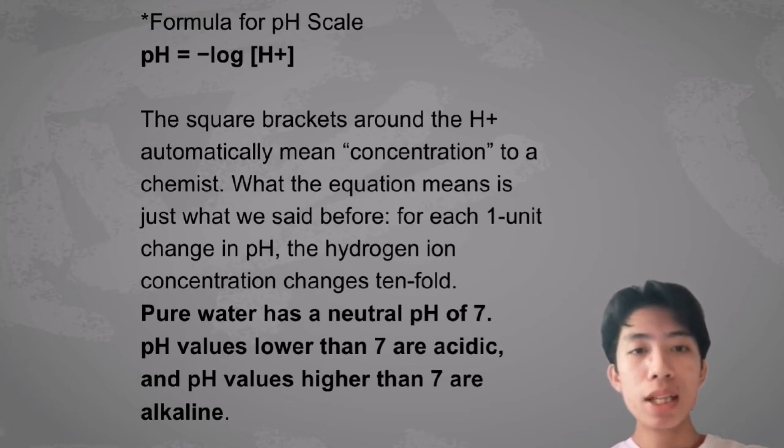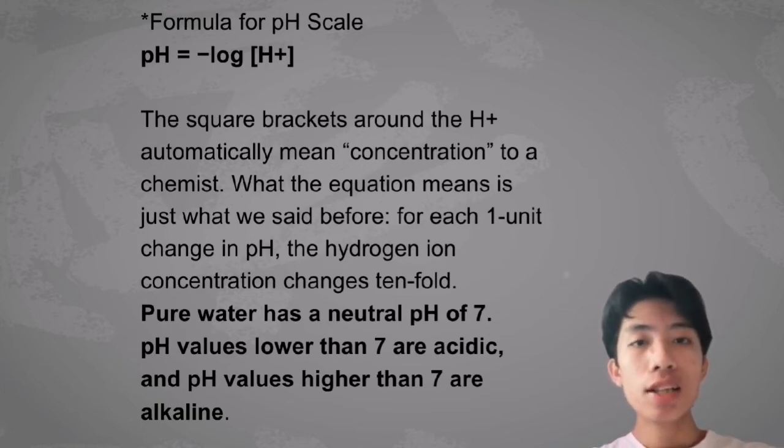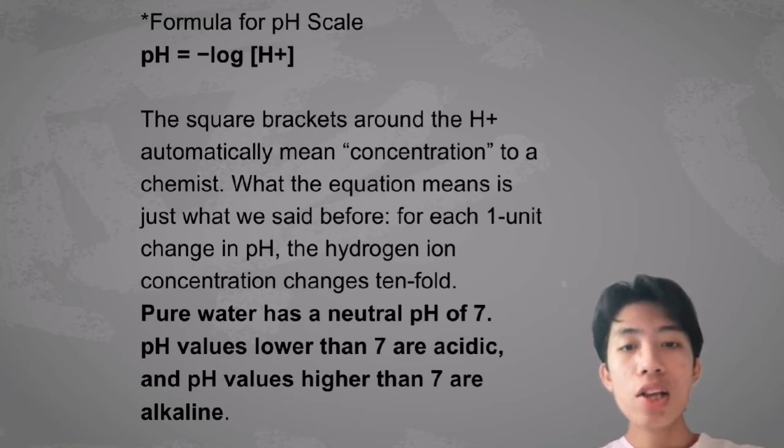For each 1 unit change in pH, hydrogen ion concentration changes 10-fold. Pure water has a neutral pH of 7. pH values lower than 7 are acidic, and pH values higher than 7 are alkaline.